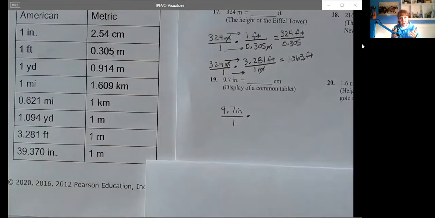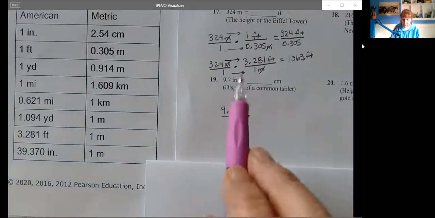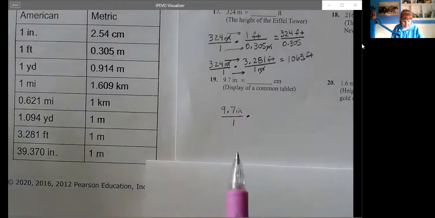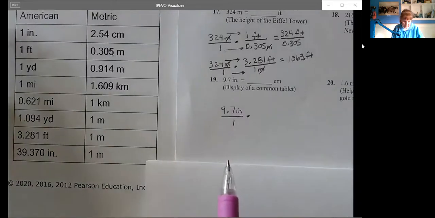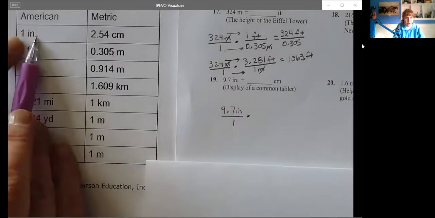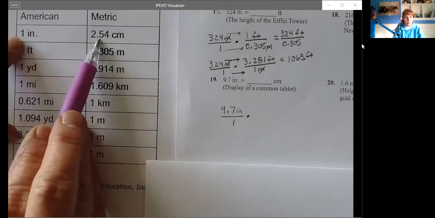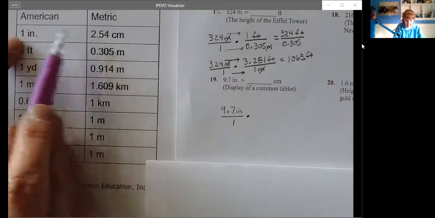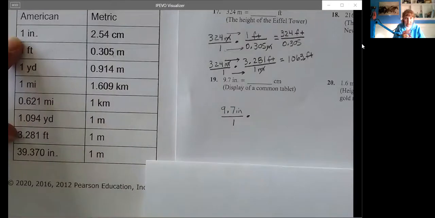We need a relationship to create our number 1, our value of 1, between inches and centimeters. And it looks like we only have the 1, and that's this top one here. 1 inch is 2.54 centimeters. Those two are equal.